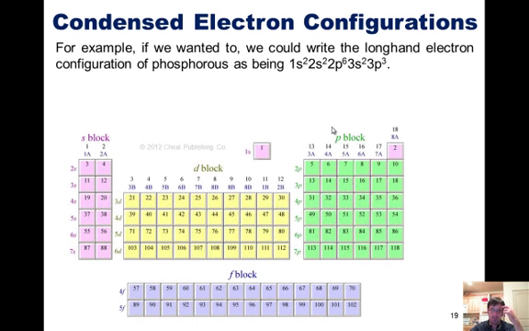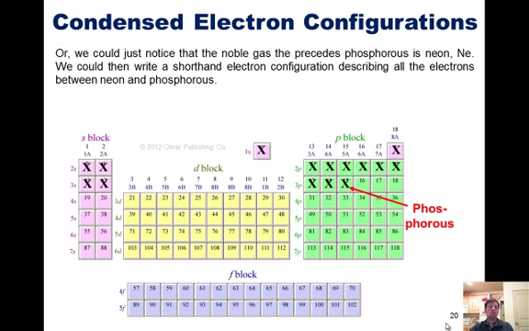For example, if we wanted to, we could write out the longhand electron configuration of phosphorus as being 1s2, 2s2, 2p6, 3s2, 3p3. Or we could just notice that the noble gas that precedes phosphorus on the periodic table is neon.